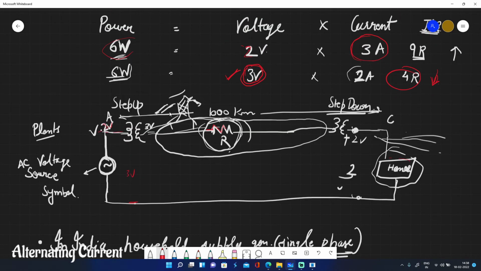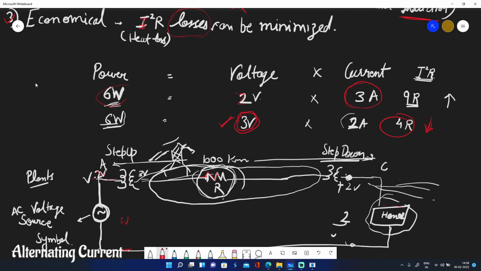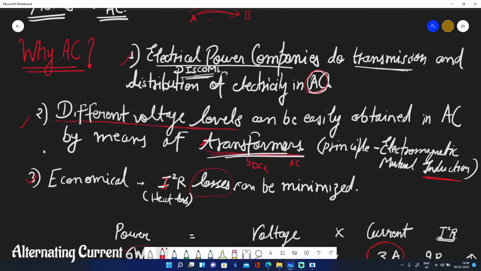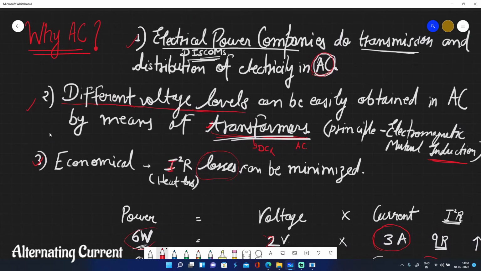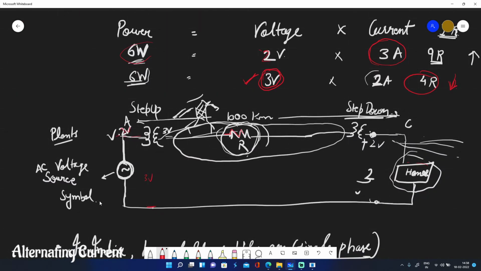This example was just for understanding. You must know what AC is, its definition, why AC is important, and those graphs. So this was about the introduction.